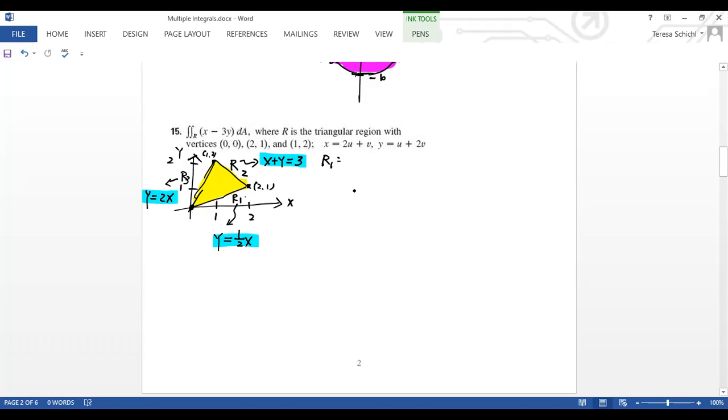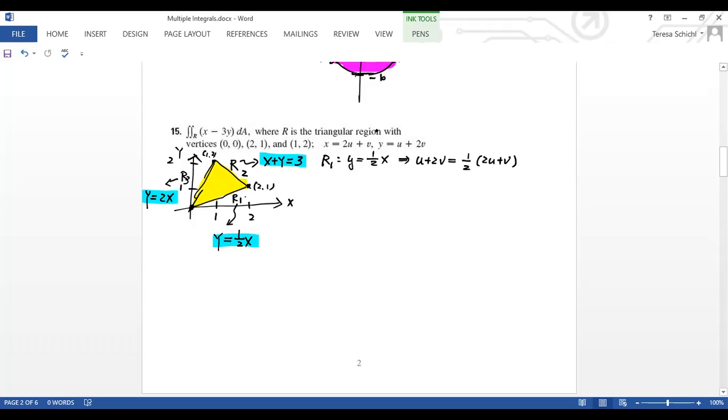So we say R1 is the line y equals 1/2 of x, right? So y, which is u plus 2v, is equal to 1/2 of 2u plus v, right?